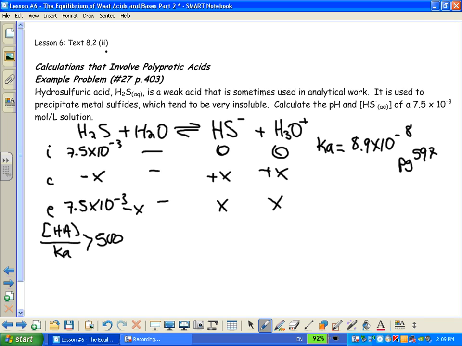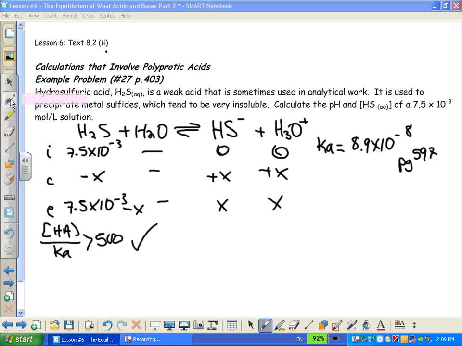So if we plug in 7.5 times 10 to the negative 3 and divide it by our Ka, which is 8.9 times 10 to the negative 8, you will actually see that it is greater than 500. So it is greater than 500, so that means that we can ignore X. So in this case, X is negligible. It's going to be so small that it's not going to make a huge difference.